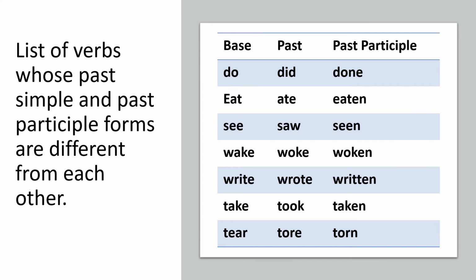List of verbs whose past simple and past participle forms are different from each other. For example, do, did, done, eat, ate, eaten, see, saw, seen, wake, woke, woken, write, wrote, written, take, took, taken, tear, tore, torn.